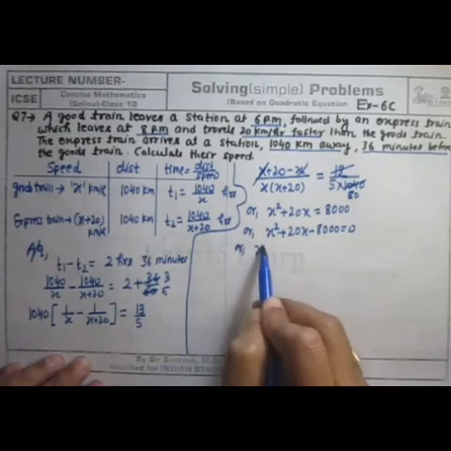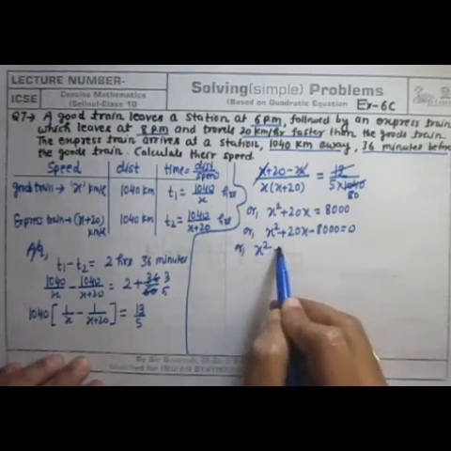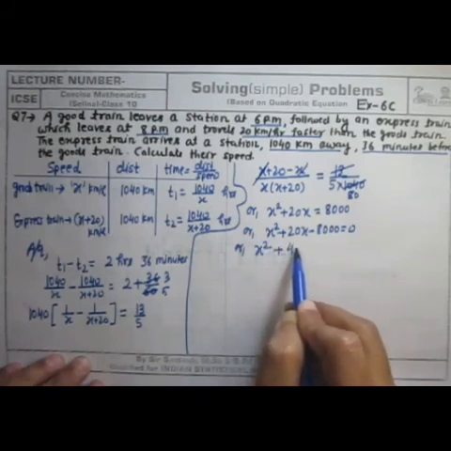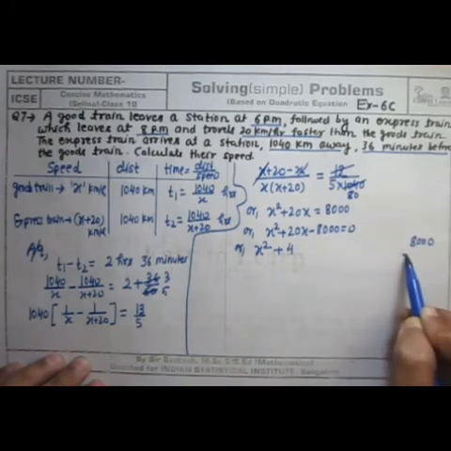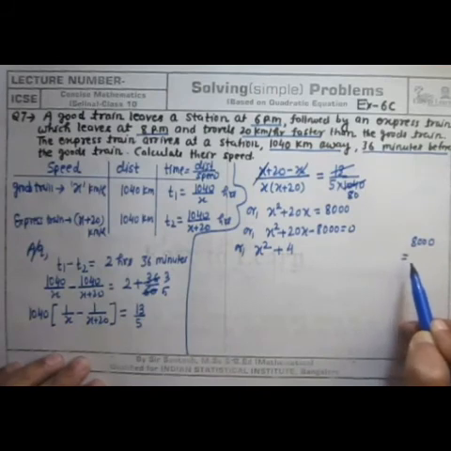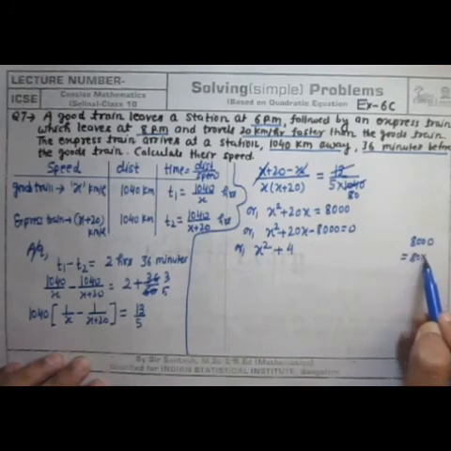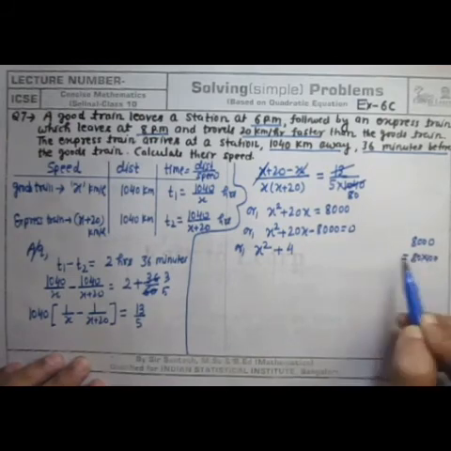Now x square, this 20x can be written as, so 8,000 can be written as 80 into 100, isn't it? The difference is 20.